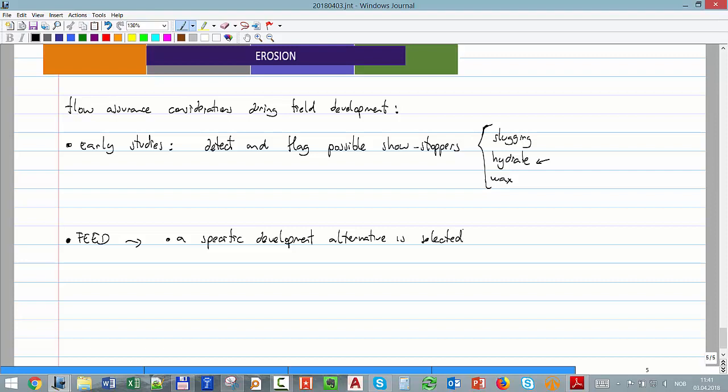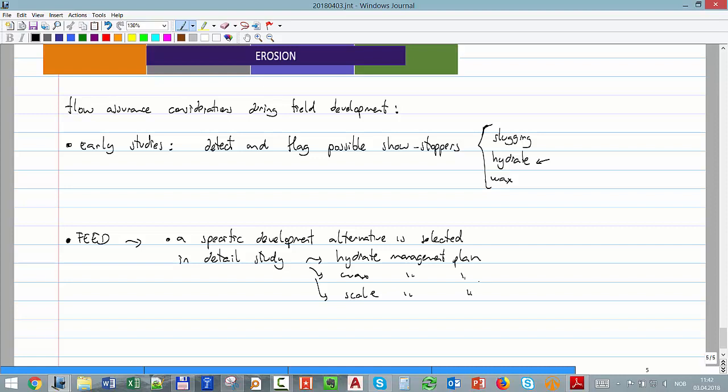Then you can go in detail to make your study about, say, your hydrate management plan: if it's going to be temperature insulation, heat tracing, or chemical injection. If you have to deal with wax, you do the same. If you have to deal with scale, you design your management plan for how you're going to handle it.